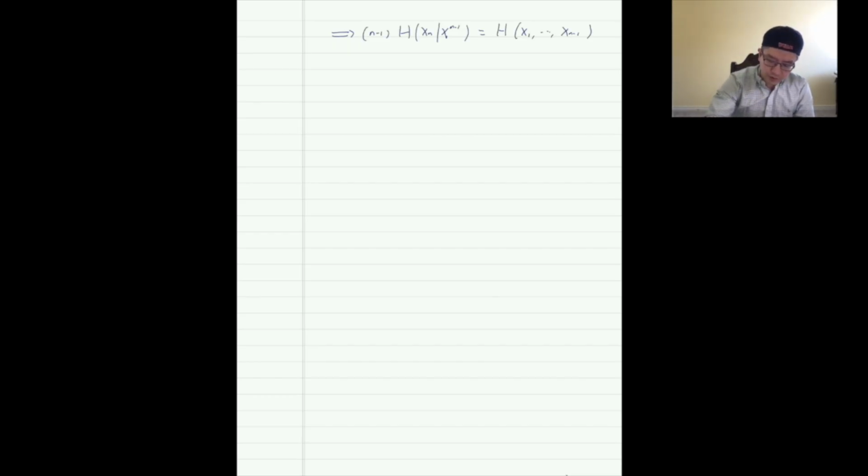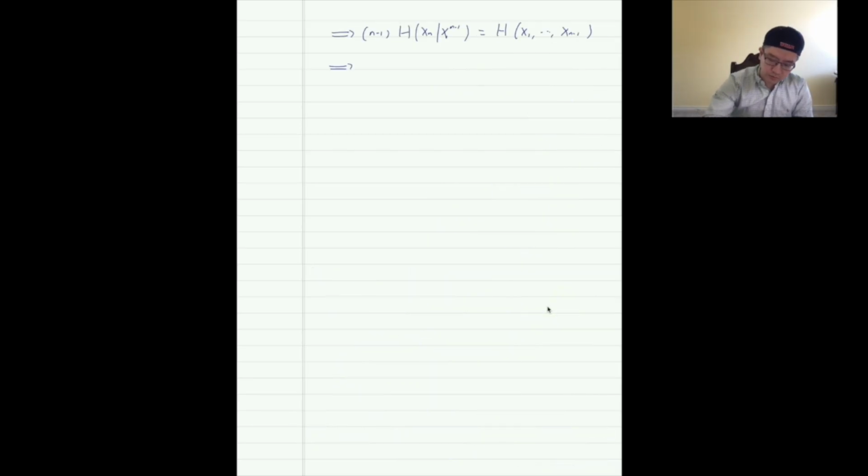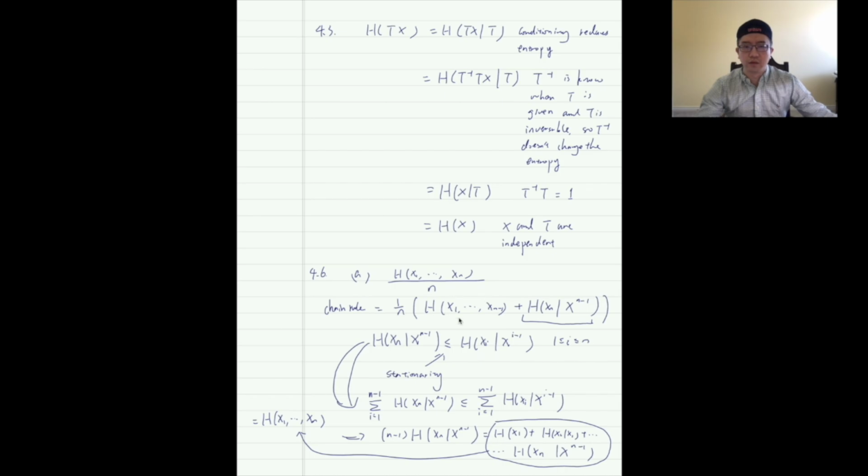Remember, we're trying to bound this term, so we need to find the upper bound for it. This upper bound is less than or equal to this. Now we plug everything into this equation.